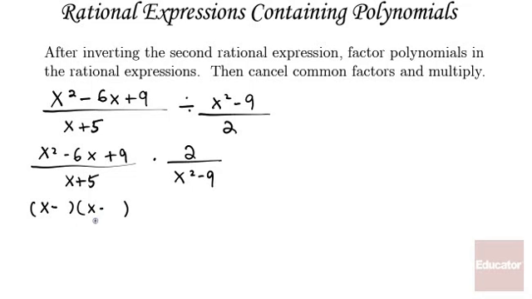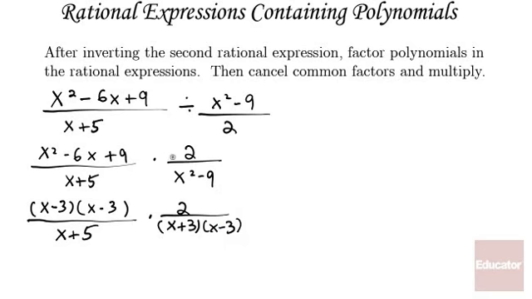And factors of 9 are 1 and 9, but that is not going to add up to 6, and 3 and 3. Negative 3 and negative 3, those are going to add up to 6. So I've correctly factored this. X plus 5 is already as simple as it can be. Here I have the difference of 2 squares. So I'm going to rewrite that in its factored form, x plus 3, x minus 3.